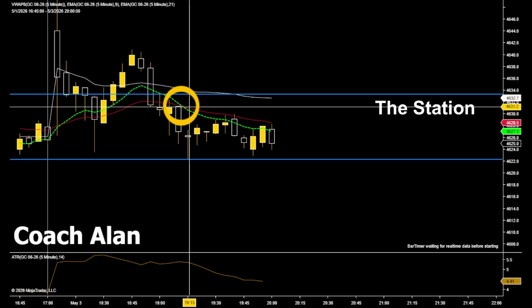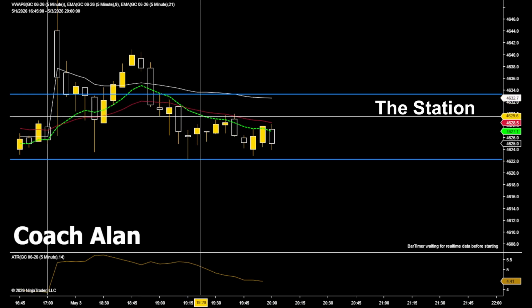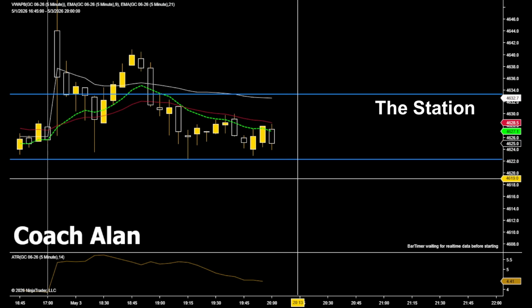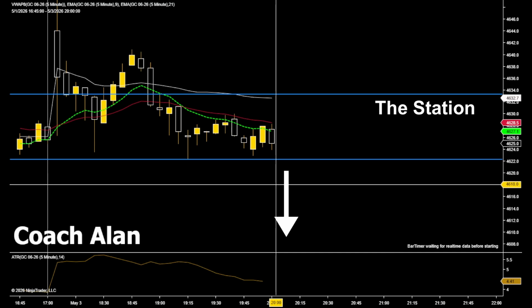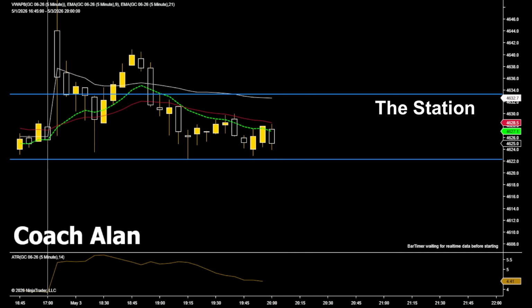Where they intersect and cross, and now the red is above the green. That means that price is going down and we are in a bearish move. So I will be expecting the price to come beneath the station, and I want to see it not only come outside beneath it, I want to see it come down and actually close beneath the station before I make my entry to continue going down.